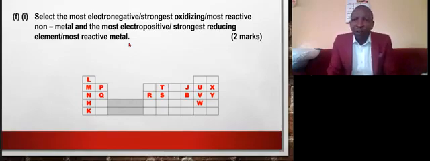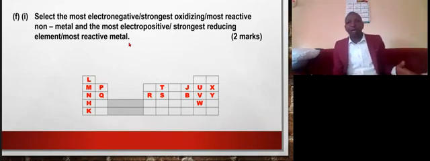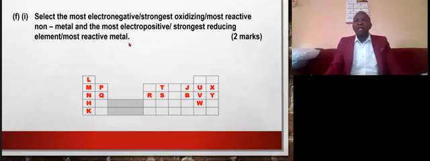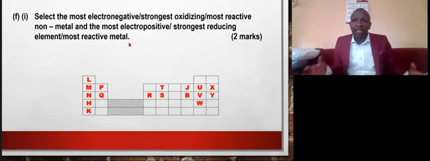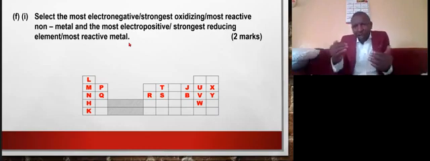Here you go for which group? Group 7. The top or bottom? The top. So we are talking about the non-metal with the smallest atomic radius, so that it can attract the electron.